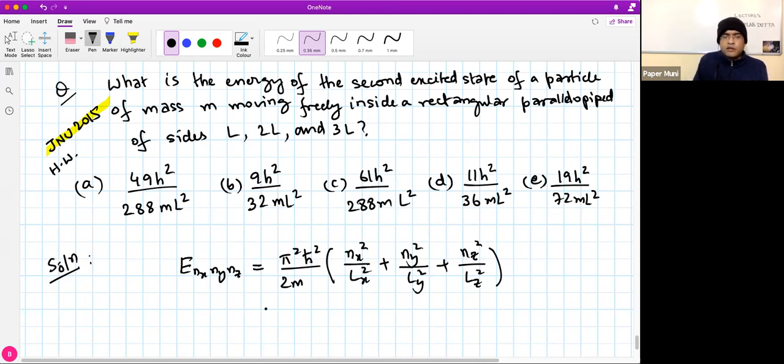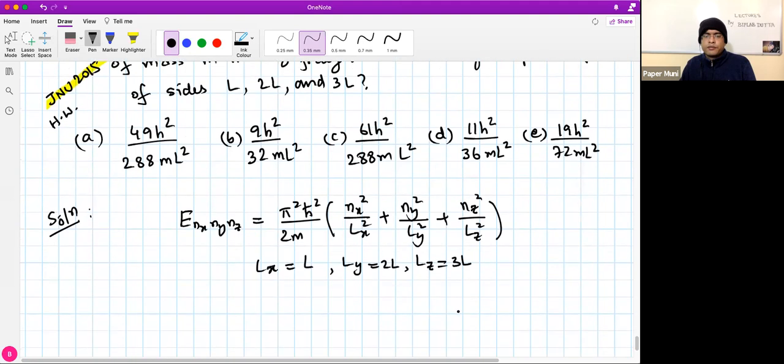Now what are the values given to you? Lx is L, Ly is 2L, and Lz is 3L. All right, so this is what we have.